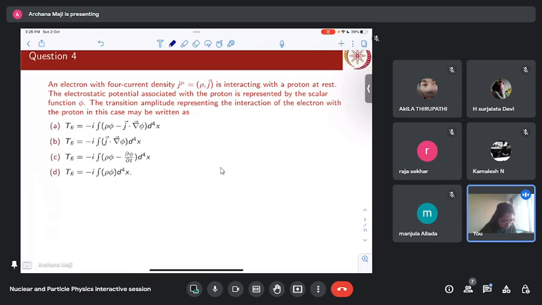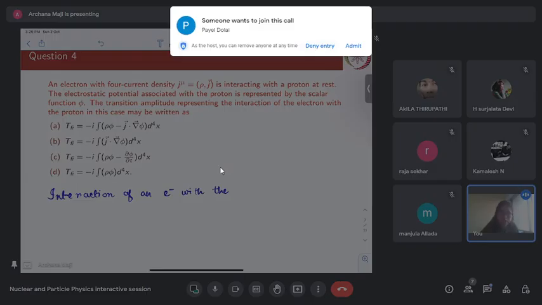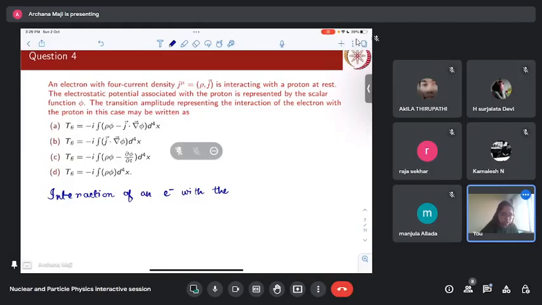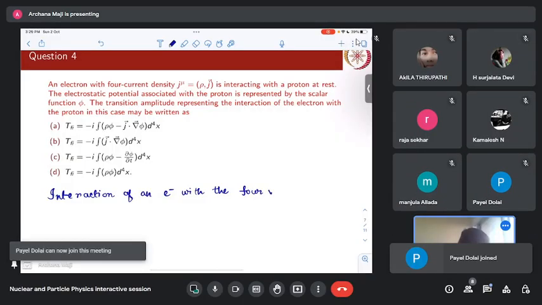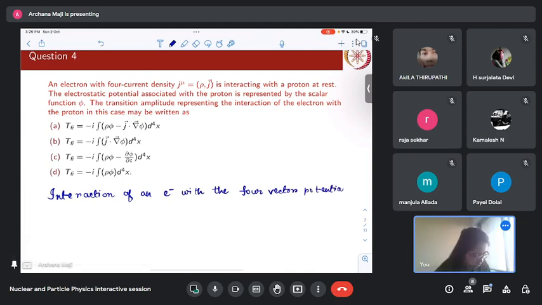So the transition amplitude formula was, okay, so this is interaction of an electron with the 4 vector potential A mu, but A mu here is phi and all other elements are 0.